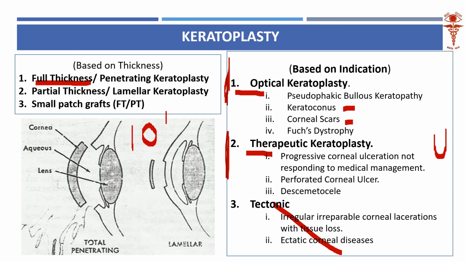In a person with pseudophakic bullous keratopathy, his Descemet's and endothelium are mainly damaged. In a corneal ulcer about to perforate, anterior layers are damaged, Descemet's and endothelium are intact. So in every patient, you understand that the corneal layers are affected partially, not totally.